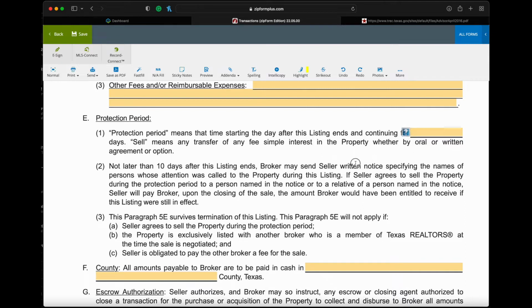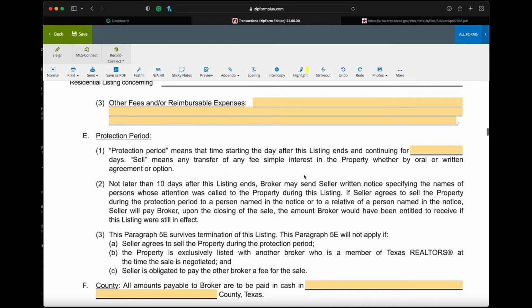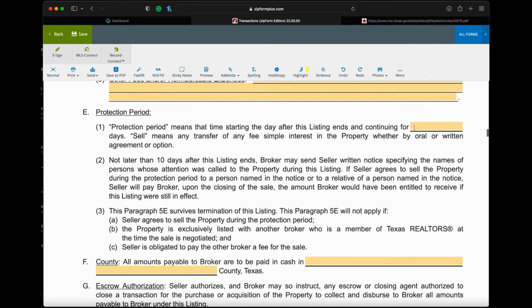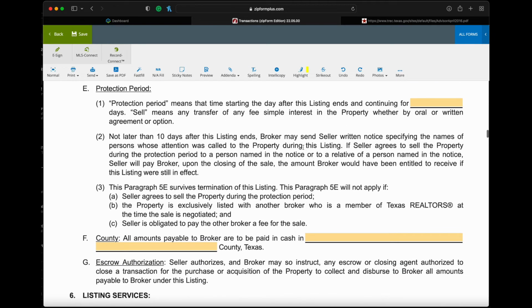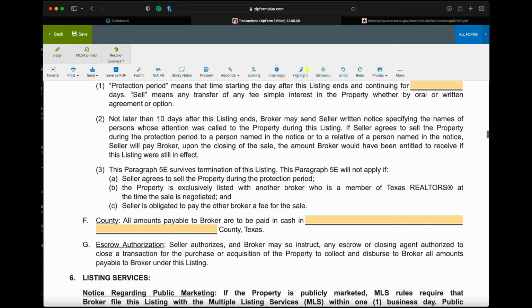So this will protect you on that. You can put 90 days, you can put 180 if you want, but typically it's not very long, maybe half of this. If you do find out that they sold it right after the listing terminated, we could have an avenue to chase them. All this is pretty self-explanatory, very similar to the buyer's representation agreement.